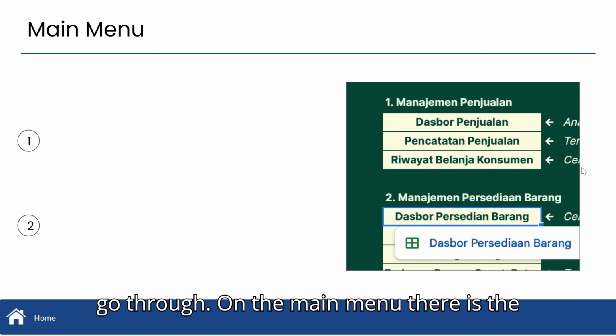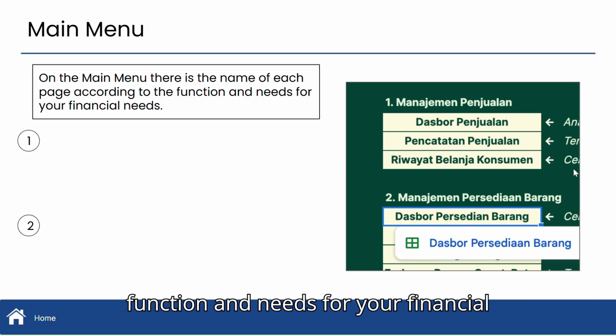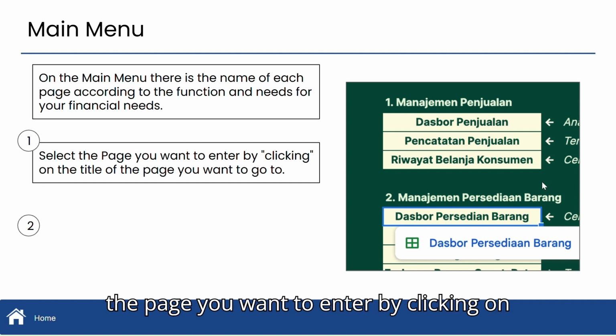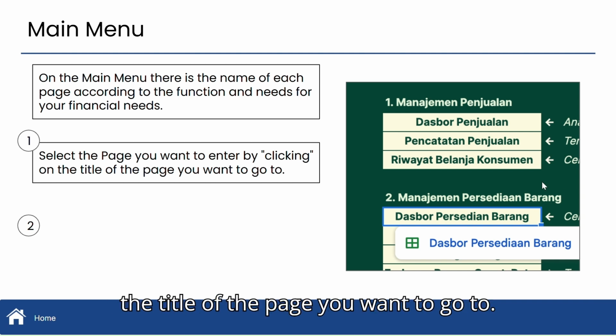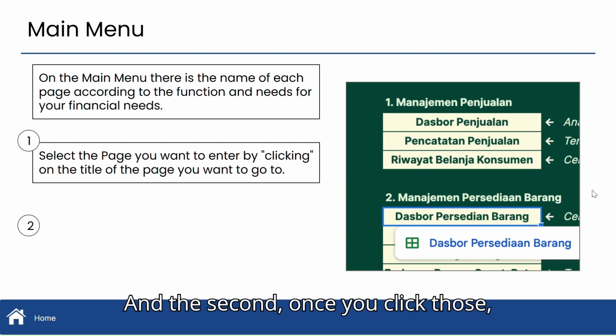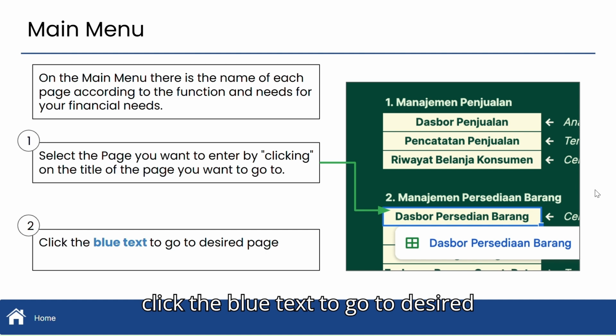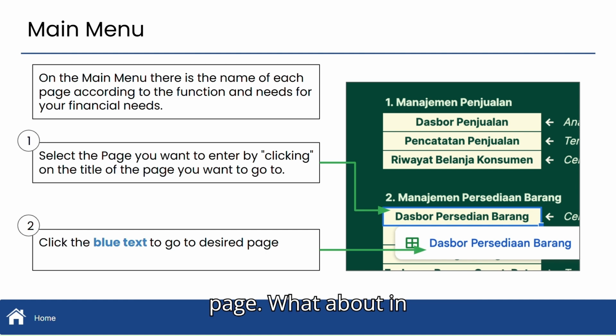On the main menu, there's the name of each page according to the function and needs for your financial needs. So the first step to use this is for you to select the page you want to enter by clicking on the title of the page you want to go to. And the second, once you click those, click the blue text to go to the desired page.